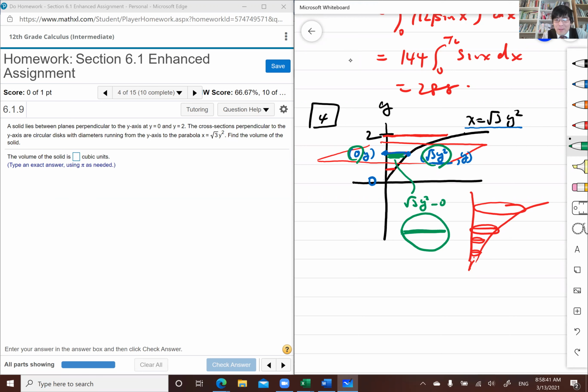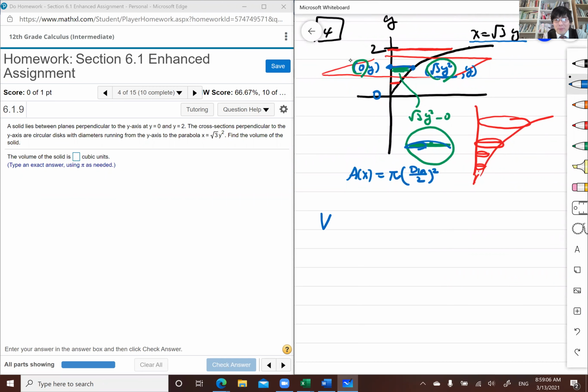How do you find the area of the circle if you know the diameter? Well, if you know the diameter, then you divide it by 2 to get the radius, and you square the radius and multiply it by pi. So that's going to be the cross-sectional area in this problem.